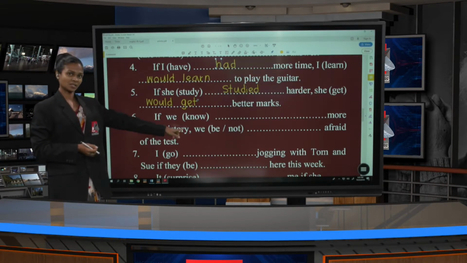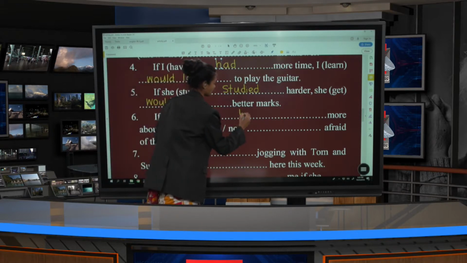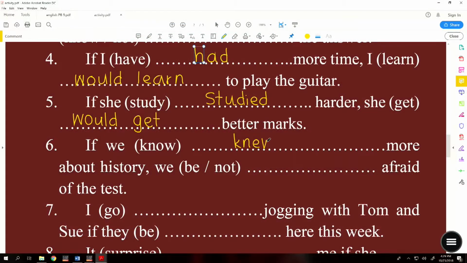If we knew more about history, we would not be afraid of the test. Or we wouldn't be afraid of the test.